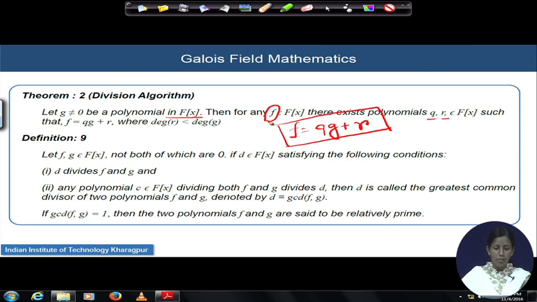And next definition, let us proceed. Suppose f and g are polynomials which belong to F[x], and not both of them are 0.